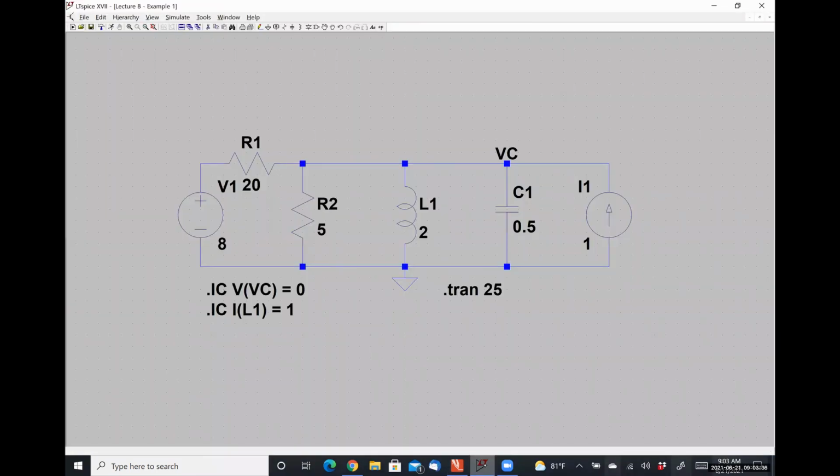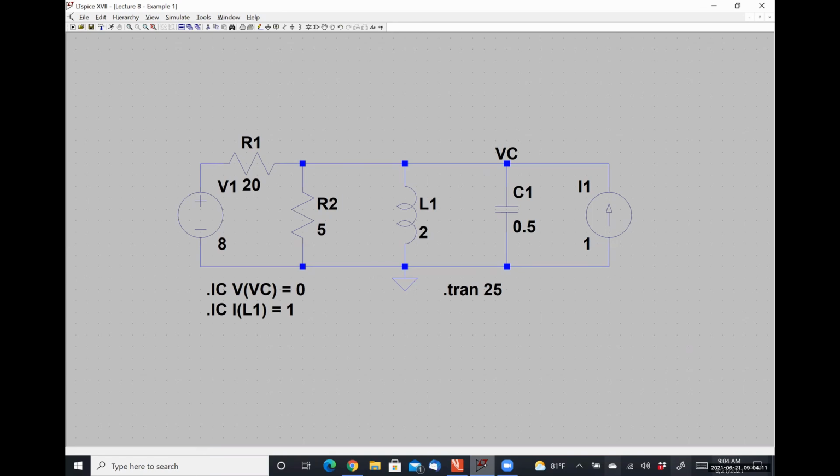So I have drawn our circuit during the transient condition, right? So this is effectively what it looks like at exactly t equal to 0 plus, where I have specified an initial condition on my capacitor voltage of 0 volts, which I did with our .ic V(VC) = 0. And I also say that I have an initial condition on my inductor current of 1 amp.